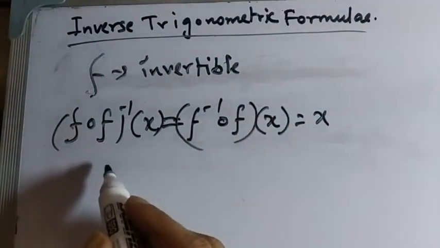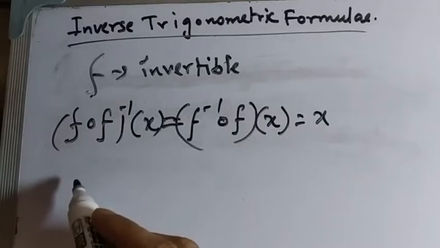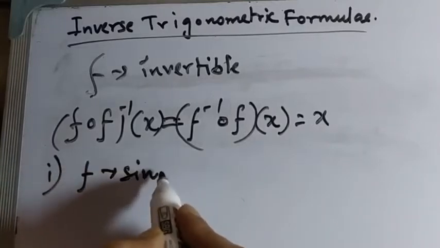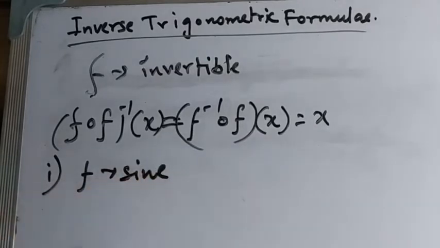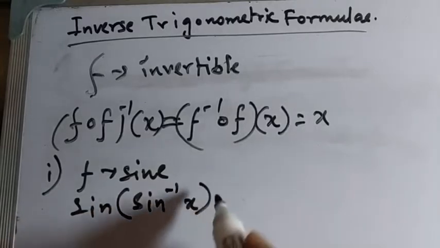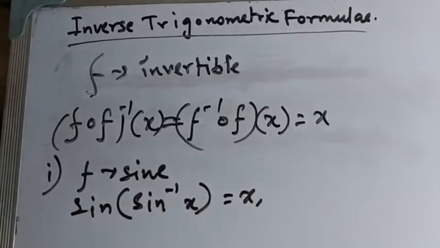And depending on this, if we take f as sine, then we will get that sine of sine inverse x will be x, and this x will be from where?